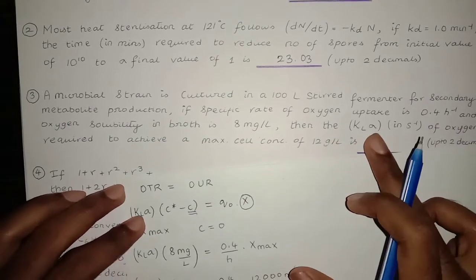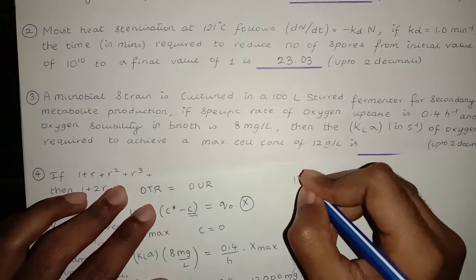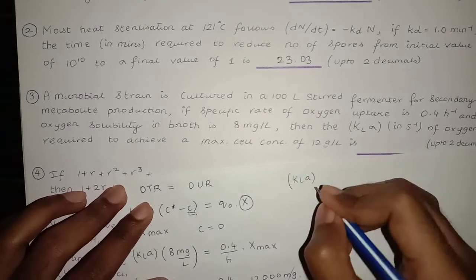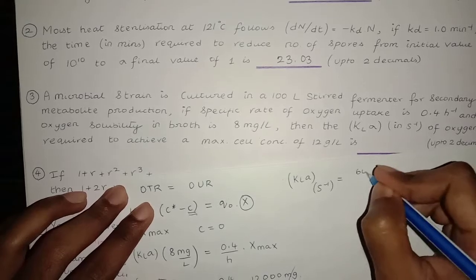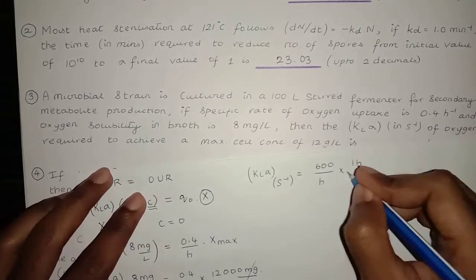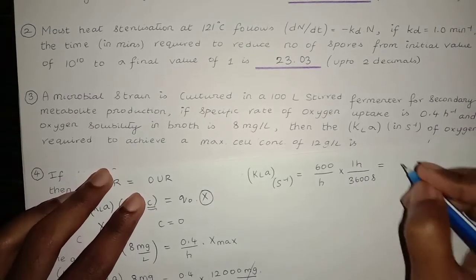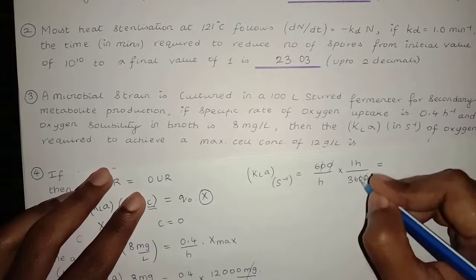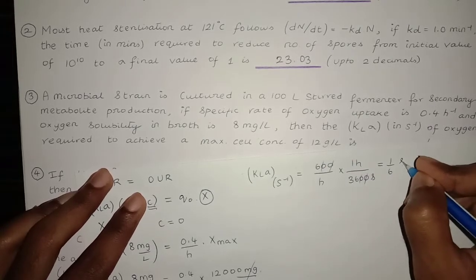But KLa has to be reported in units of 1 per second. So KLa in s raised to the power -1 is equal to 600 per hour into 1 hour as 3600 seconds. So the 0 cancels out, 6 ones are 6, 6 sixes are 36, so 1 by 6 second inverse.